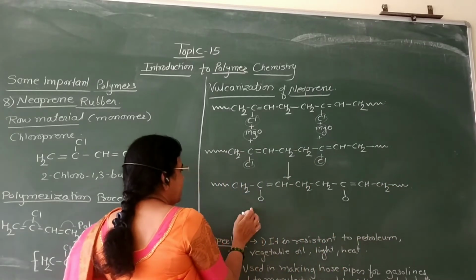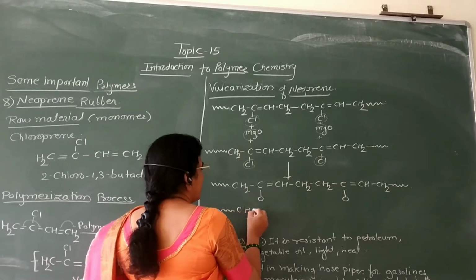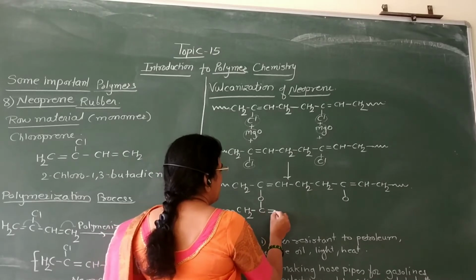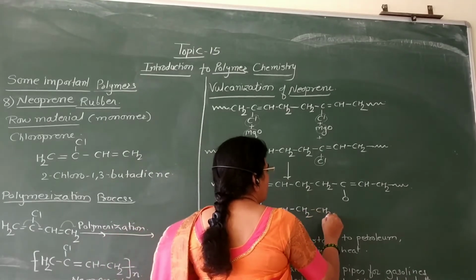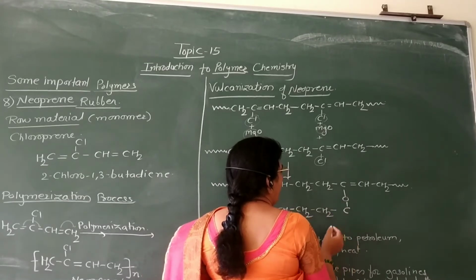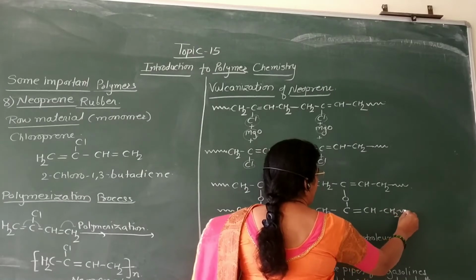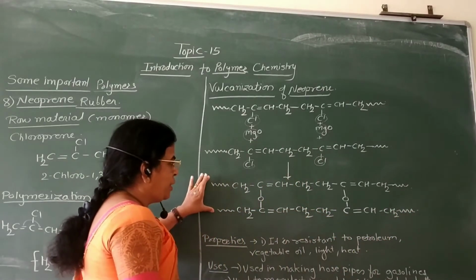Then here second unit, CH2, C, bond formation takes place, CH, CH2, CH2, C. Now here bond formation takes place, CH, CH2. In this way, this vulcanized neoprene rubber is obtained.